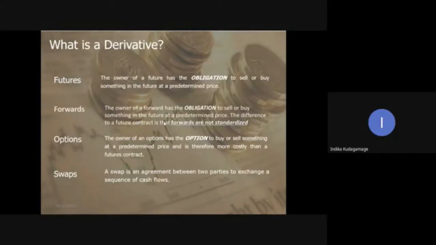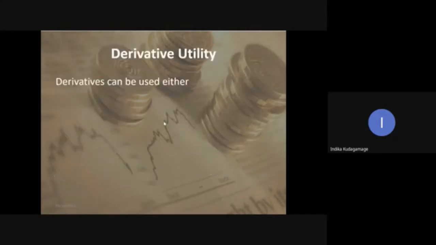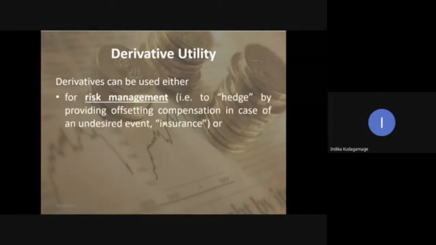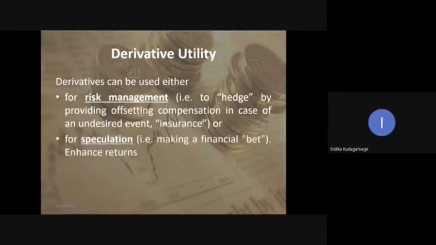This is what we have been discussing. Derivatives can be used either for risk management, because I'm afraid that prices will go down, so I'm using a derivative to manage my risk. Then speculation, that means I want to take a risk and gain more.